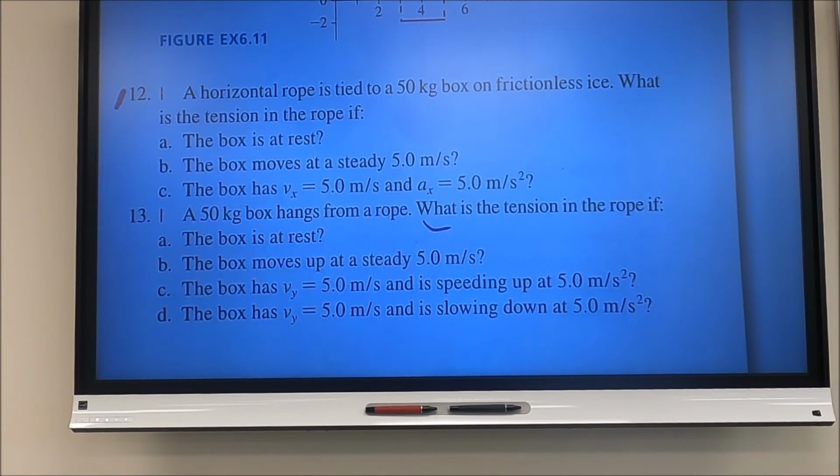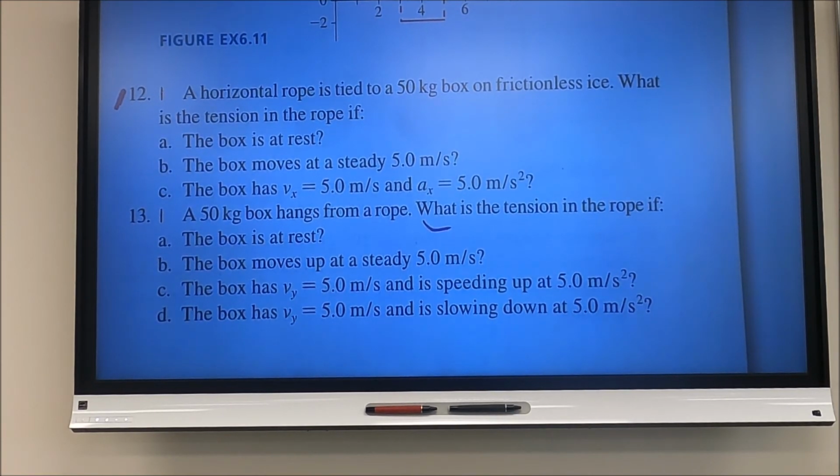Okay, it says the box is moving at a steady 5 meters per second. Now, the key word there, guys, is steady. Since it's experiencing a steady velocity, a steady speed, then the box is in dynamic equilibrium, and again, the rope has to be applying 0 tension.